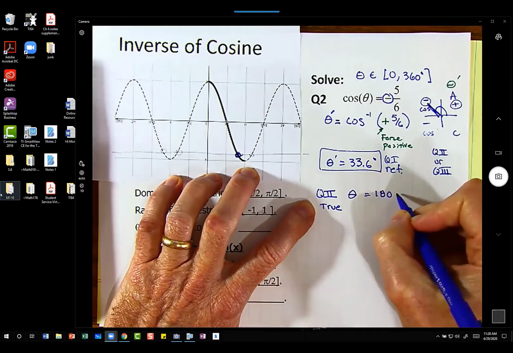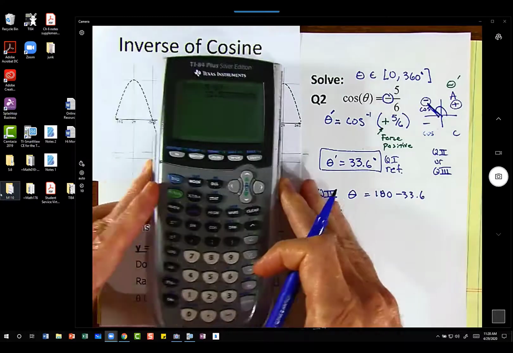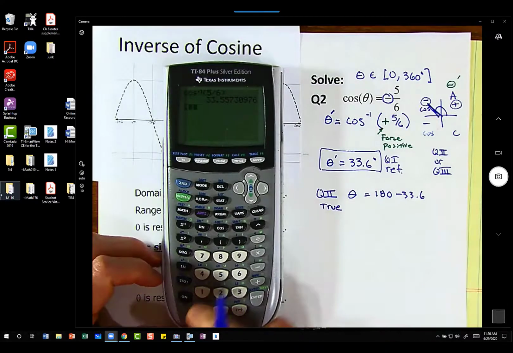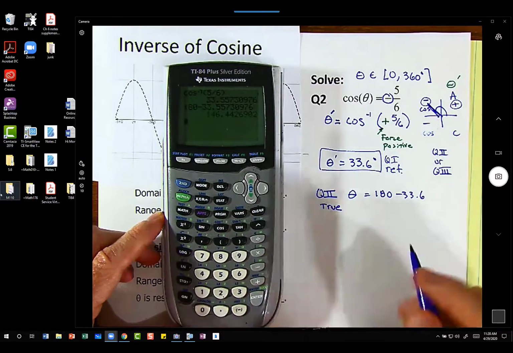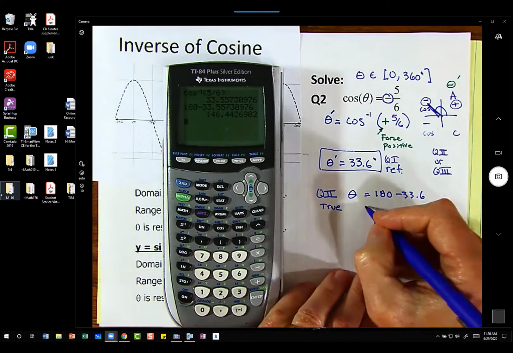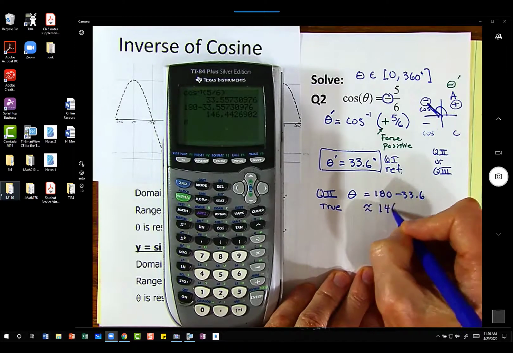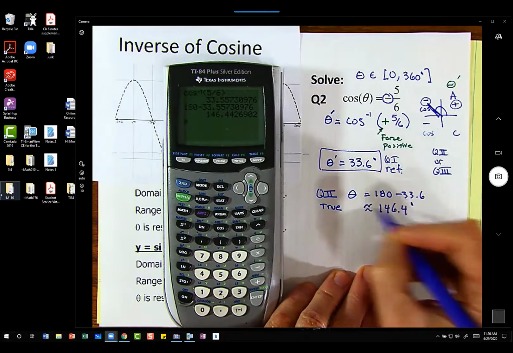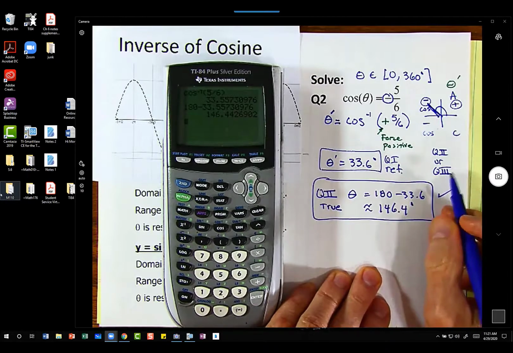Exactly. So 180 minus, go up and grab that, around that, let's call that 146.4 degrees. So I got the quadrant 2 answer.